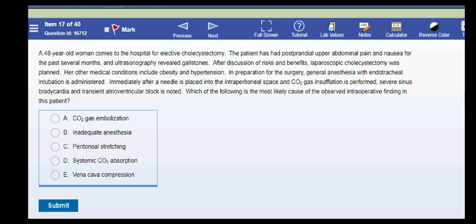Which of the following is the most likely cause of this observed intraoperative finding? So just when we give this space and gas CO2, we see the bradycardia and transient atrioventricular block. So what is the cause of that?